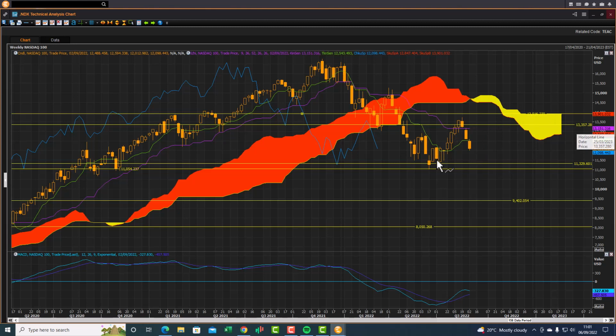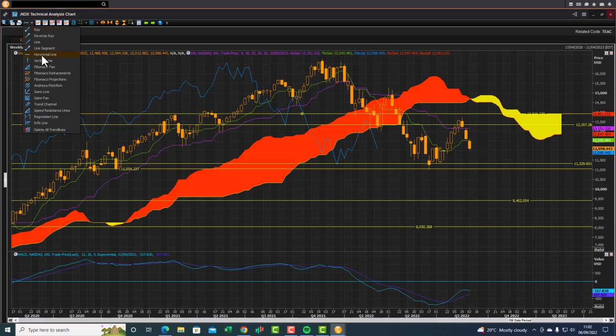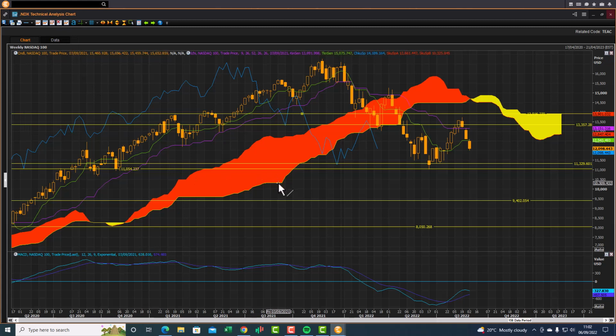So there are only really short-term swing trade opportunities to capitalize on these support rebounds and resistance. When the resistance holds, short selling there. But still significant downside risk since price action is below the cloud. Levels to watch out for are 11,329, and then this cloud chart level here at the bottom end of the cloud. That's another key support zone that can be tested in case the market rolls over, 10,300.